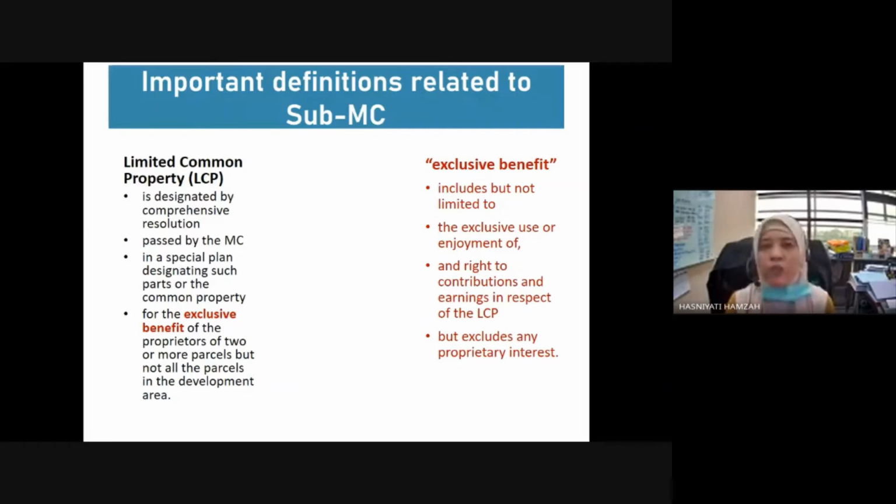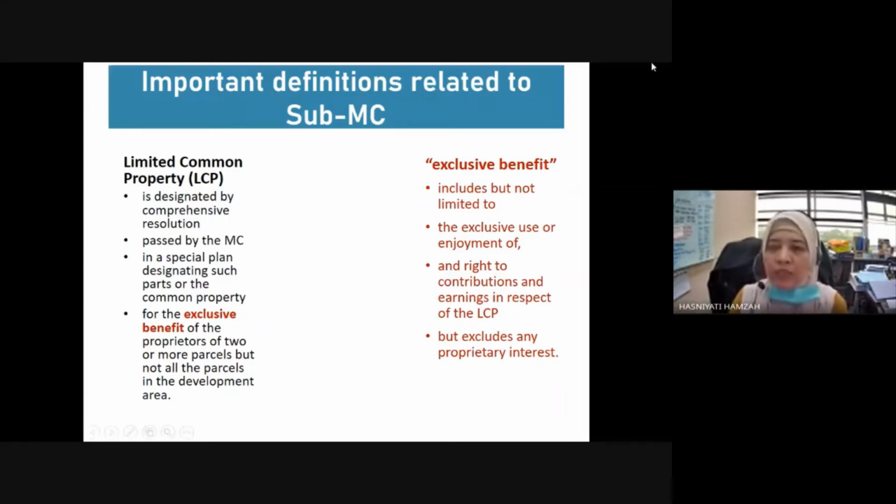This is a good example to illustrate the saying that real estate concerns a bundle of rights. One piece of land but you have many different interests.